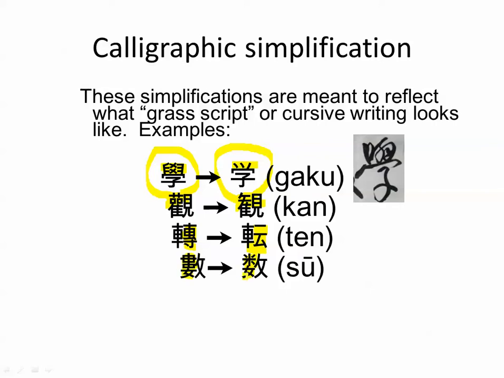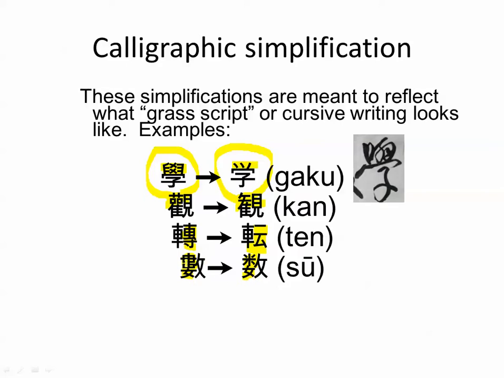Now, this character, admittedly, is an example of a little bit of fudge in describing calligraphic simplification, because if you look at the left-hand side, you'll notice right away that these are really two of the 214 kanji radicals. We've got rice on the top and we've got woman on the bottom, right? And on the left-hand side, the woman is there too, that piece, right?